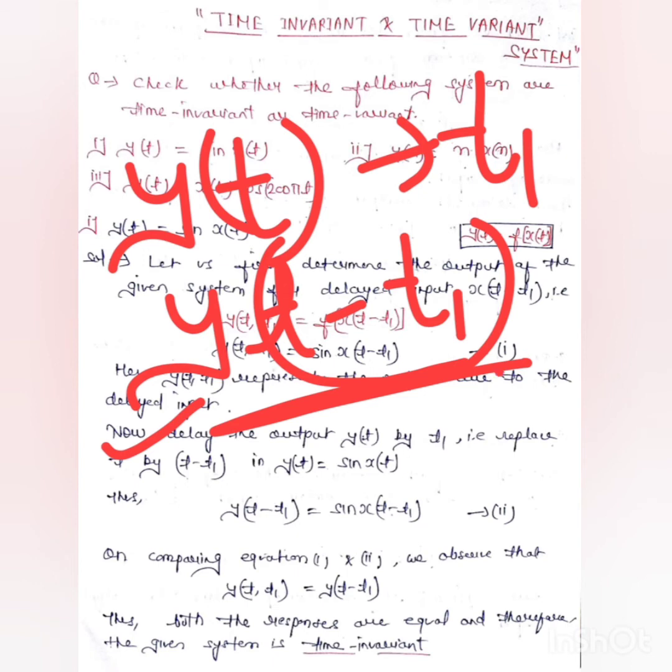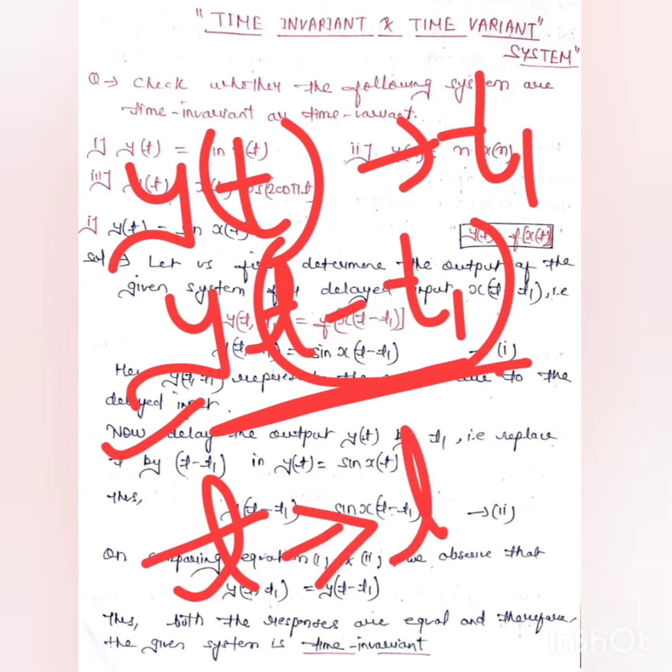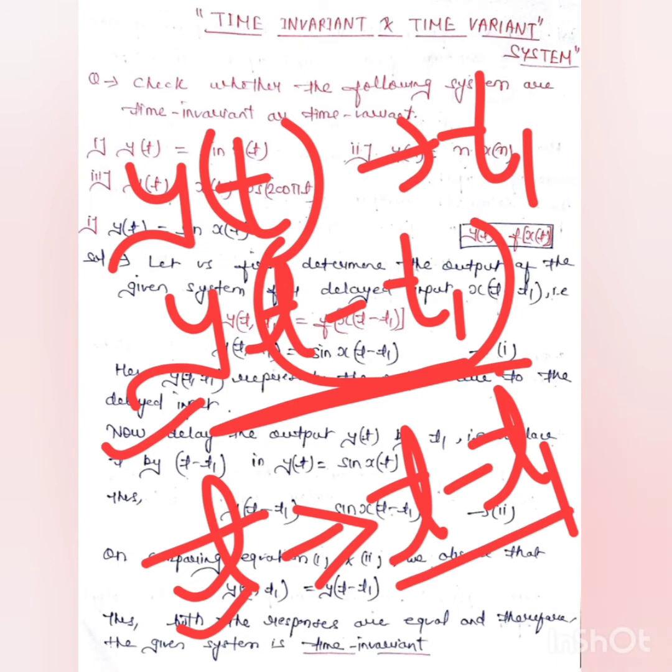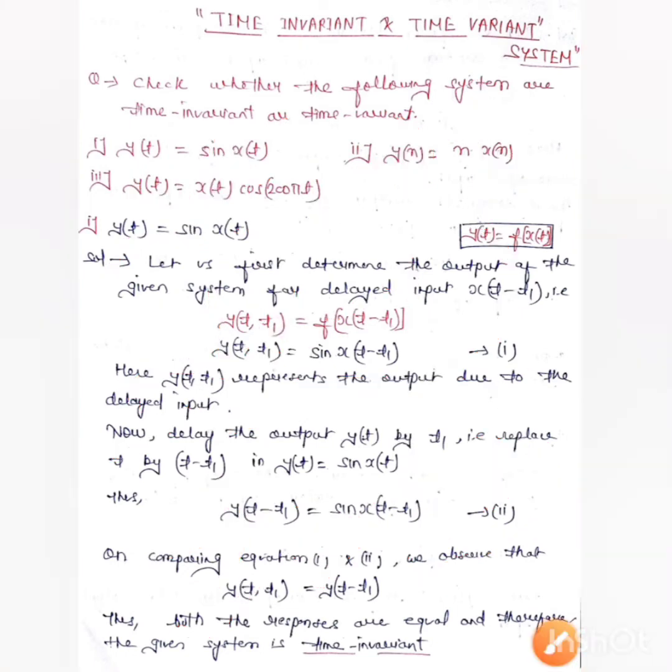In this case whatever be the t present in the expression, we have to shift that t by t minus t1. We simply replace our t by t minus t1 in case when output is delayed by t1. So, as you can see, we have the expression like this.